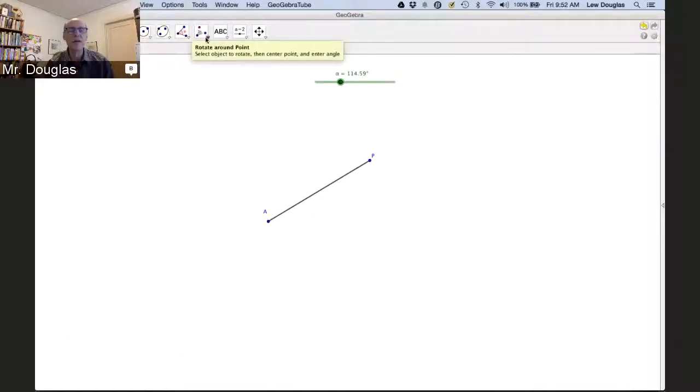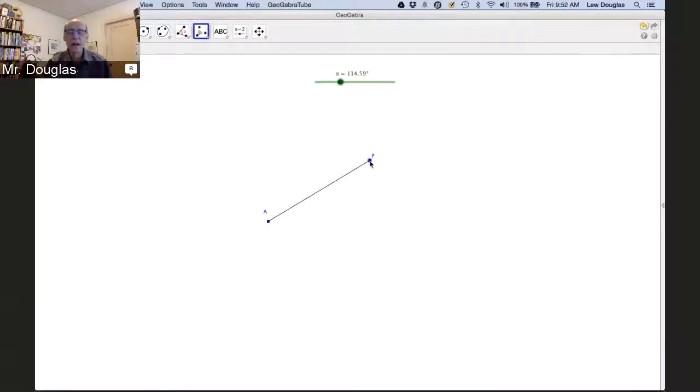Okay, so now rotate around a point. What does it say? Select object, center point, then enter angle. Okay, so we're going to select object. Well, no, let's just select P. Object and center point. I better start again. I don't want to make a mess.